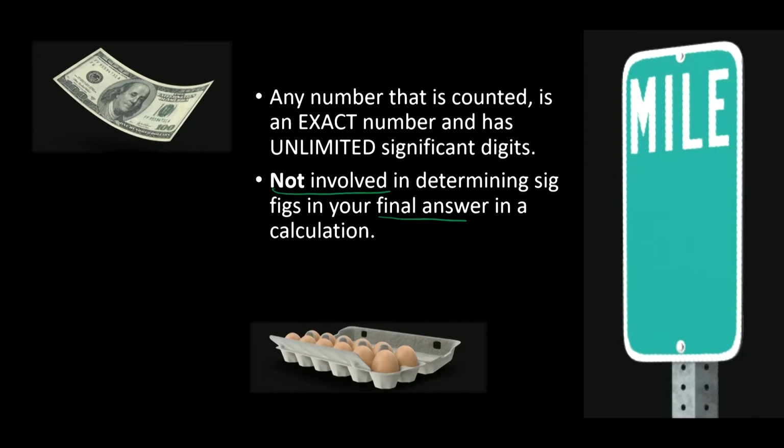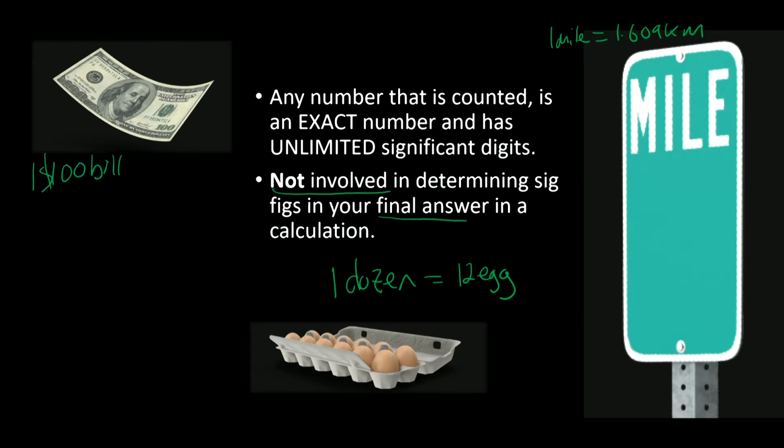I have a dozen eggs here, so 1 dozen is equal to 12 eggs. 1 mile is equal to 1.609 kilometers. And here's a $100 bill, so one $100 bill is equal to $100. Okay?